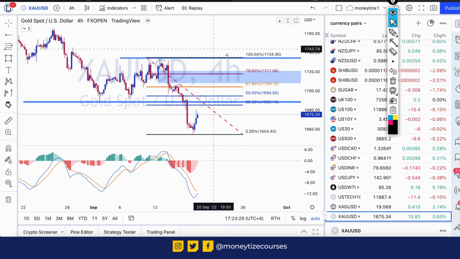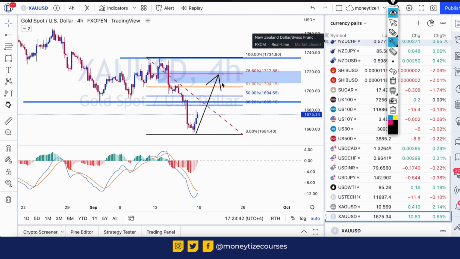Okay, imbalance zone, because we have a lot of bearish orders here, and as per the Fib count, this is the 78.6% Fib retracement zone. So a good probability that market may push higher towards 1717 or towards 1720, and then continuation lower after the announcement of the new interest rates from the Federal Reserve on September 26th.